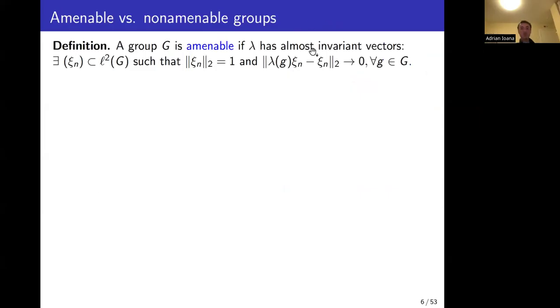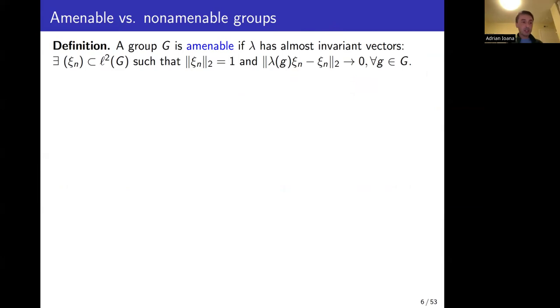Let us recall that a countable group G, and for me all groups will be countable, is called amenable if the left regular representation lambda has almost invariant vectors, which means that there is a sequence x_n in L2 of G of unit vectors such that the x_n are almost lambda invariant, meaning that the norm of lambda(g) x_n minus x_n goes to 0 in norm 2 for every group element g. And this is a broad class of groups.